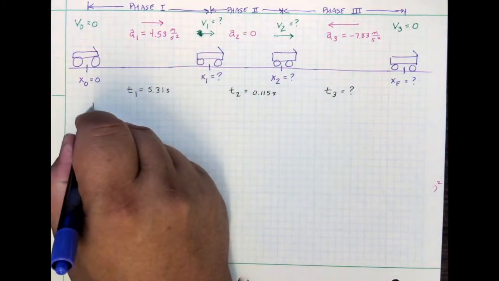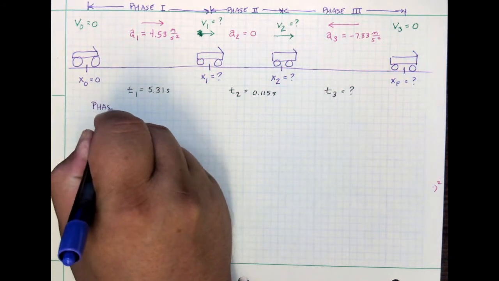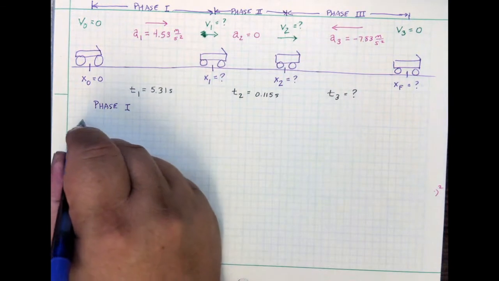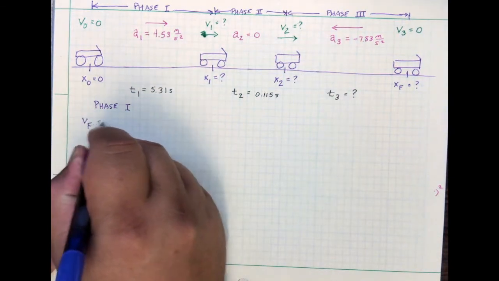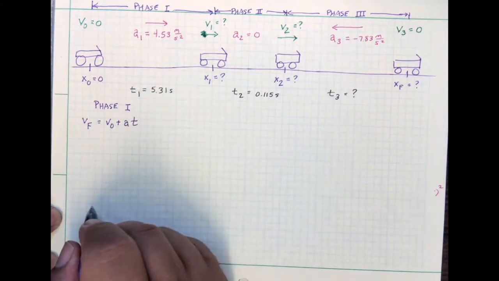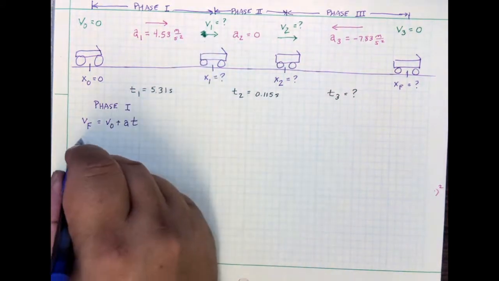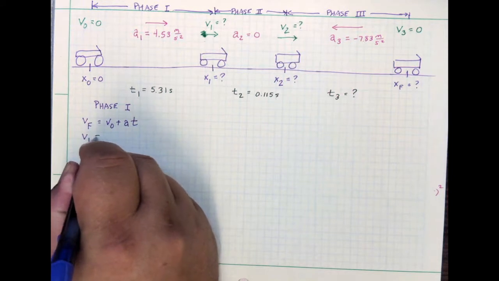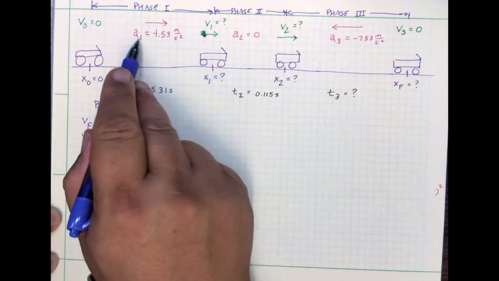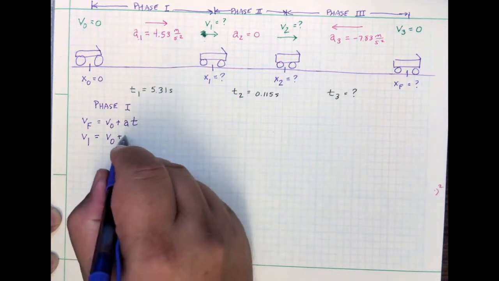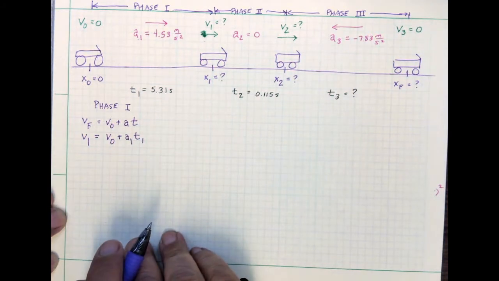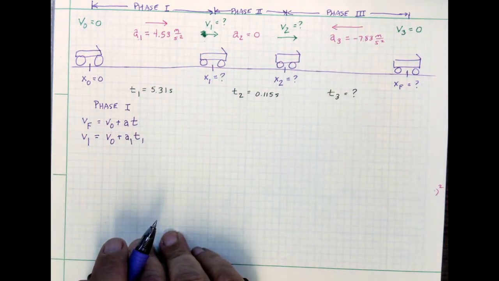Well, that can be found very easily using the first kinematics equation, which is v final equals v initial plus acceleration times time. In this case, the final velocity we are calling v1. The initial velocity is v0. The acceleration is the acceleration during the first phase, and the time is the time during the first phase.